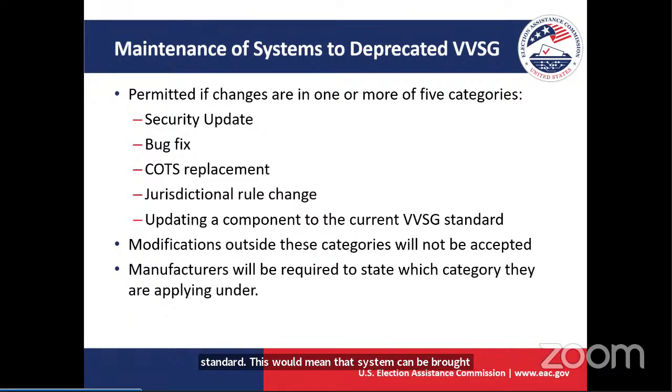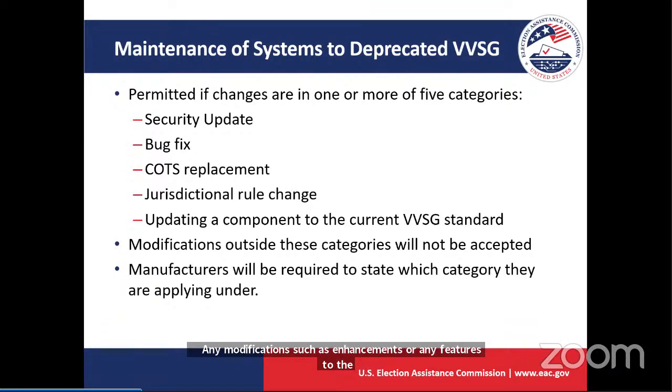In this case, the baseline system would retain the 1.0 certification until all components of the system are brought up to VVSG 2.0 compliance. Any modifications, such as enhancements or added features to the system, will not be accepted for testing and certification if they're outside of these 5 categories.